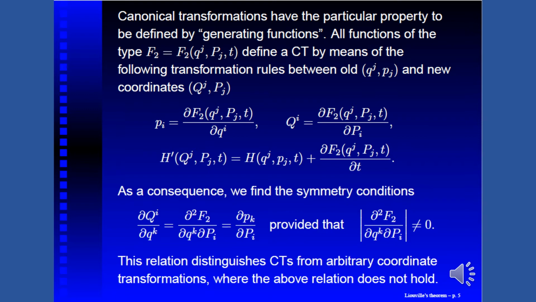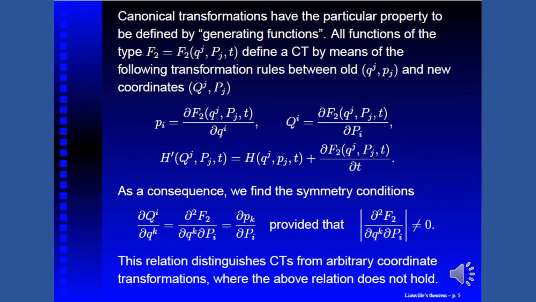Canonical transformations have the particular property of being defined by generating functions. All functions of the type F2 = F2(qj, Pj, t) define a canonical transformation by means of the following transformation rules between the old qj, pj and new coordinates Qj, Pj. So that is written as pi = partial F2(qj, Pj, t) over partial qi, then Qi = partial F2(qj, Pj, t) over partial Pi.